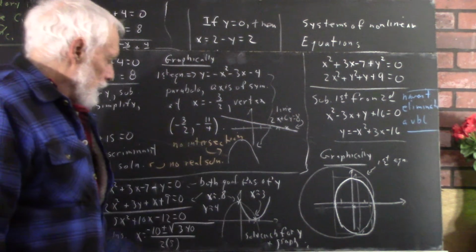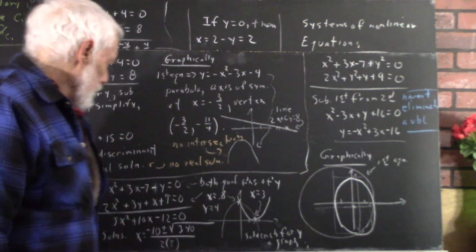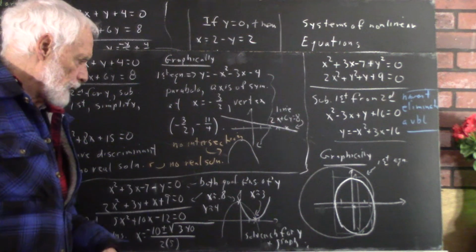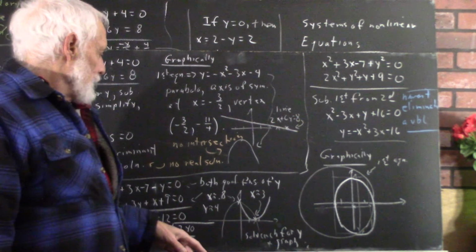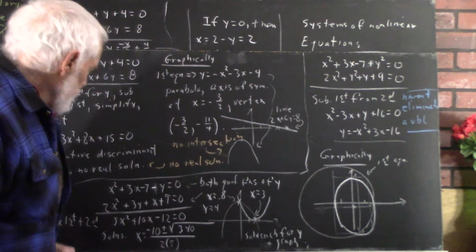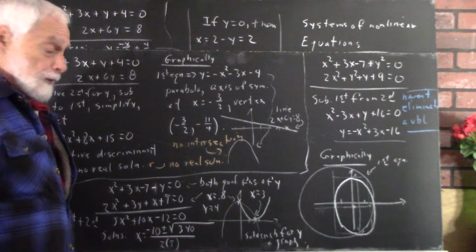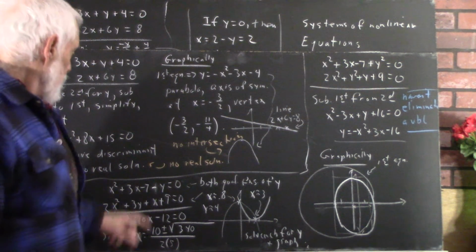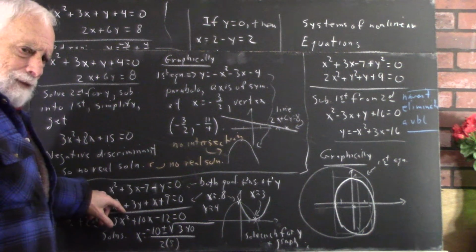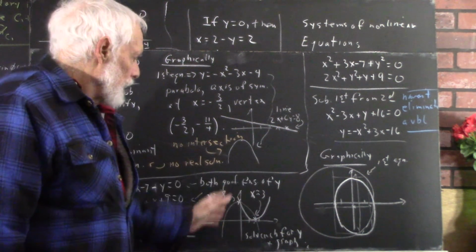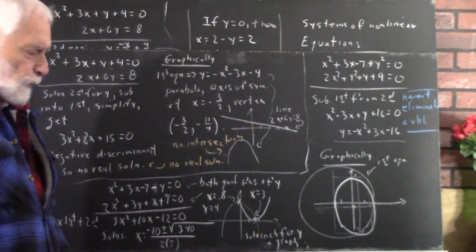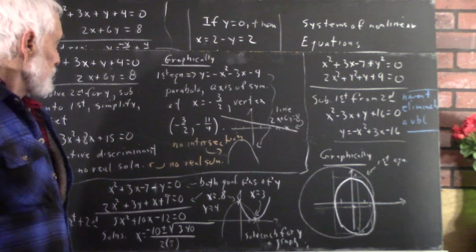So this graph wasn't all that accurate. Somehow I kind of screwed that up, but I did it in my head, so I have an excuse. Okay. Nevertheless, it illustrates that you can eliminate y in a case like this. And also, you get two parabolas here. Anytime you've got two parabolas, you're going to be able to eliminate y.